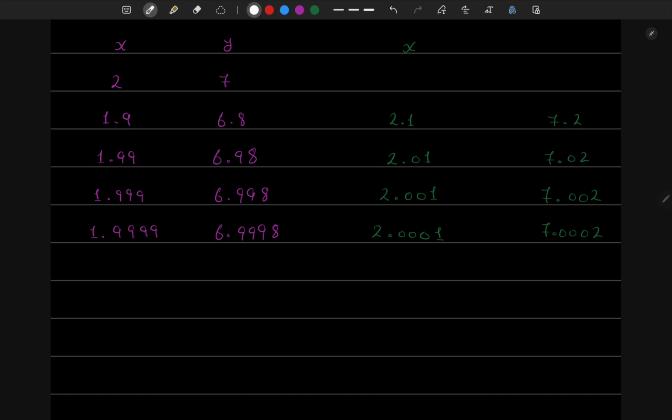And instead of doing all of this excruciating work and redoing the function many times, I can simply say, as x approaches 2, y approaches 7.